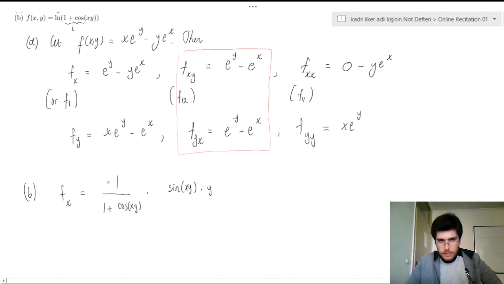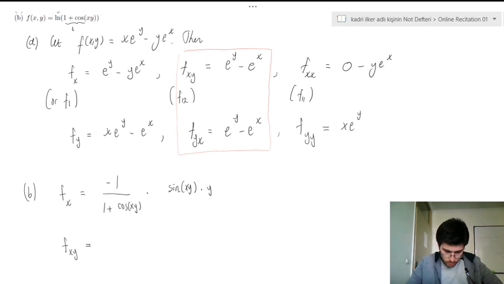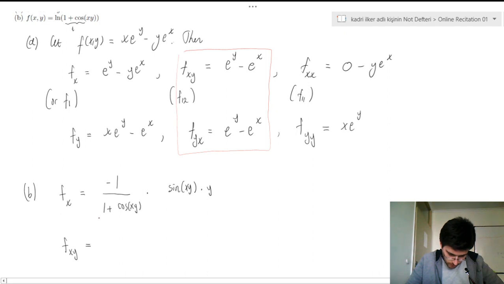And then once more, let's differentiate everything now with respect to y. Now it looks complicated because we should use the product rule, but in a very careful sense. So let's try to differentiate the first part. Maybe I should use a different color to indicate what's going on. For instance, this part.